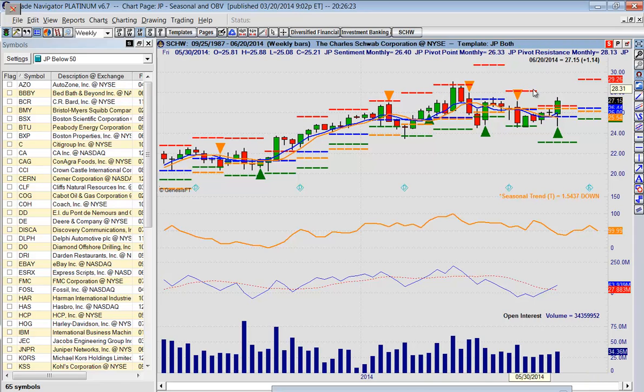It hasn't made a newer high. In fact, this is one that is pretty perplexing. The fact is that it's not gone anywhere, and it's gone nowheresville fast. In fact, in the last, I would say, 6 months or so, since the beginning of the year, this stock's virtually unchanged. Charles Schwab really hasn't gone anywhere.